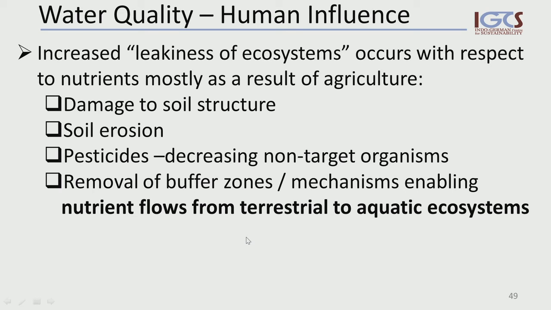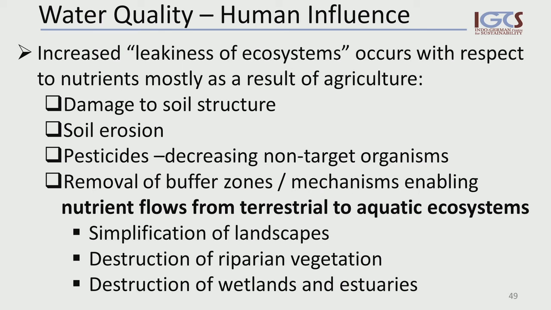We have been applying pesticides which also decrease non-target organisms. We have been removing our buffer zones and all of the mechanisms that enable nutrients to flow from a terrestrial to the aquatic ecosystem. So we have removed those buffers, and in that way we have bridged nutrient flows from terrestrial to aquatic ecosystems.